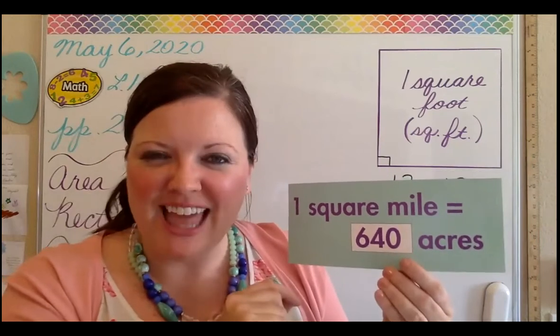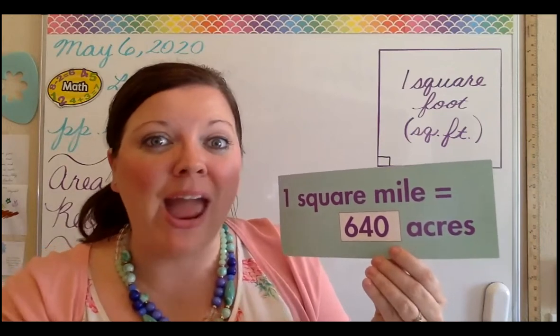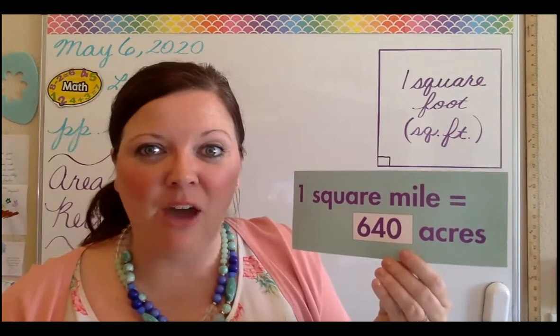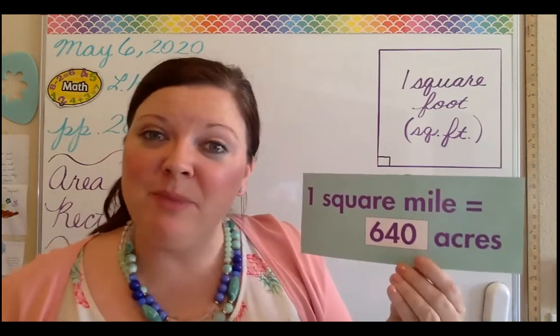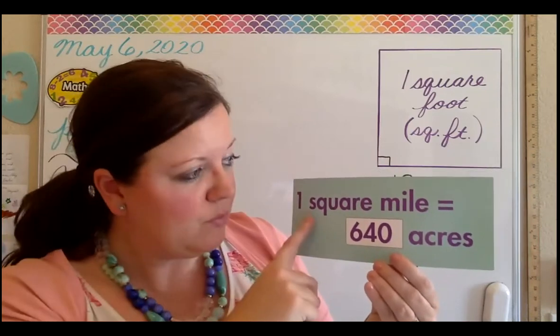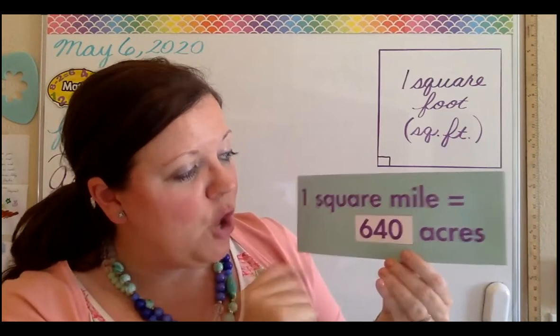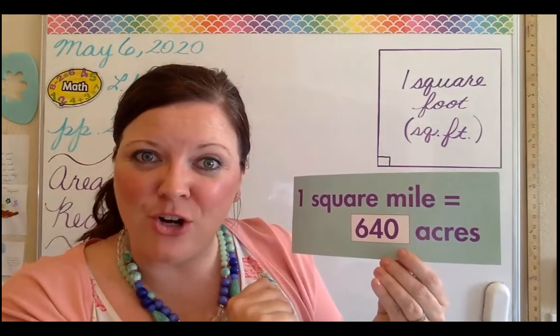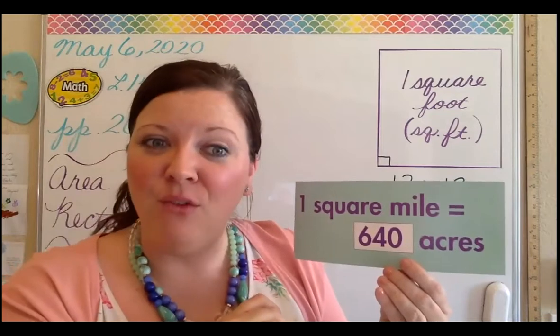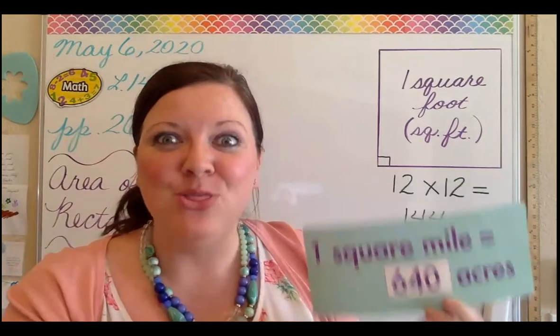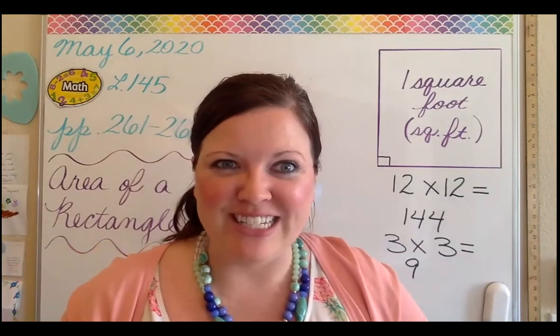Now, when we were studying California history, we talked about how large San Diego County was, and we talked about that using square miles. There are 640 acres inside of 1 square mile. Those are our new numbers that we're going to be working on today, okay?